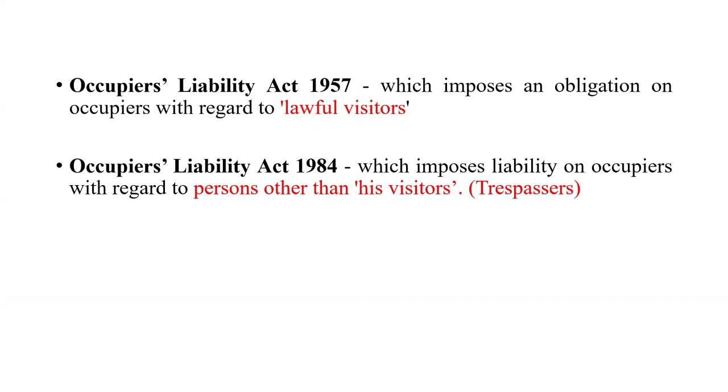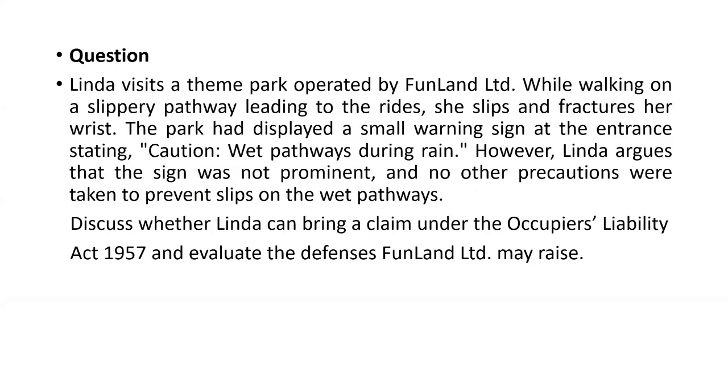And the 1984 Act imposes liability on occupiers with regard to persons other than visitors, or in other words, you can say it imposes a liability on occupiers for trespassers. So the 1957 Act is for lawful visitors, while the 1984 Act is for trespassers. So you have to choose which act applies according to the given situation. However, here the question itself specifies that you have to apply the 1957 Act, so it's easy for you.